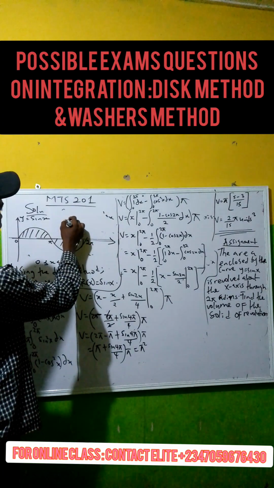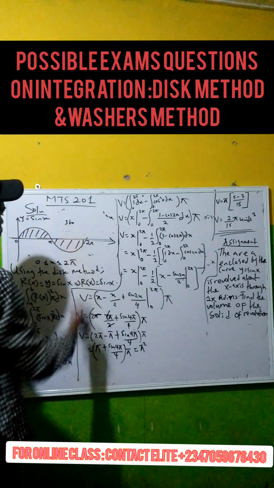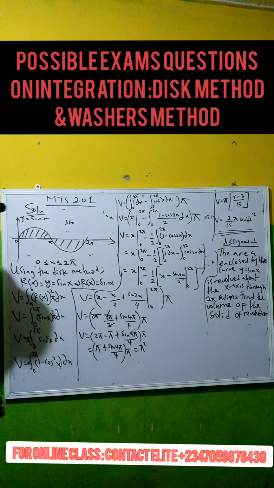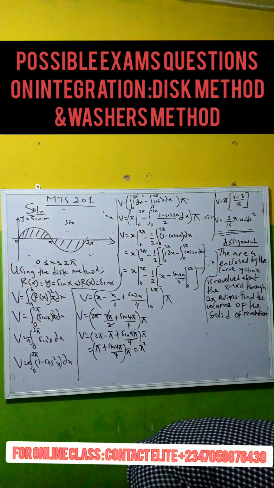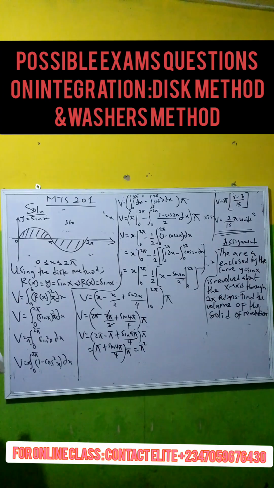Sin, this one is 360, right? So sin 90 is 1. Alright. Sin 180, you know it has to be what? Sin of 360. I think sin 360 should be 0.